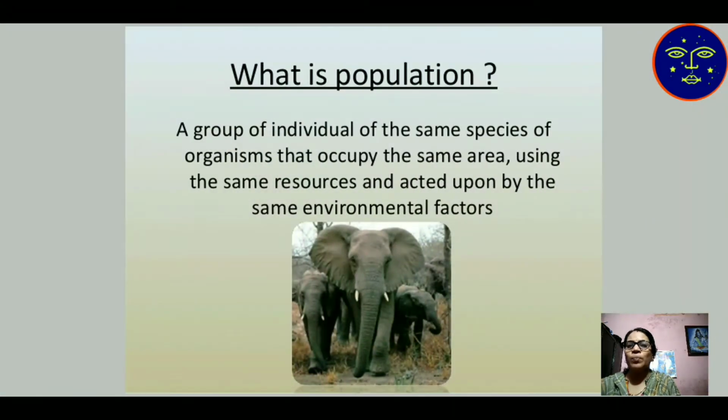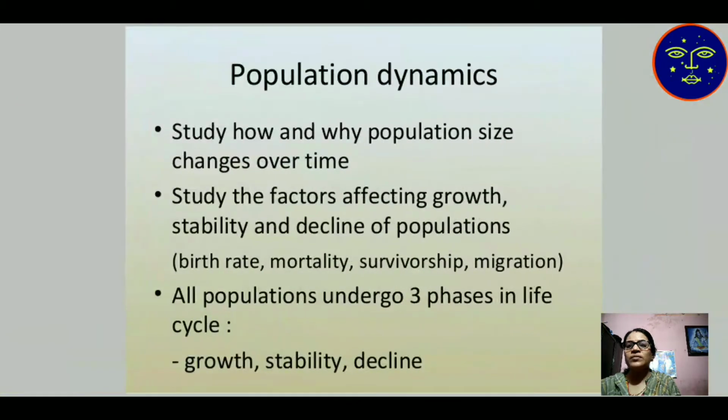Then what is a population? A group of individuals of the same species of organism that occupy the same area, using the same resources and acted upon by the same environmental factors. That means the individuals that exist under particular environmental factors are known as a population. Then population dynamics.